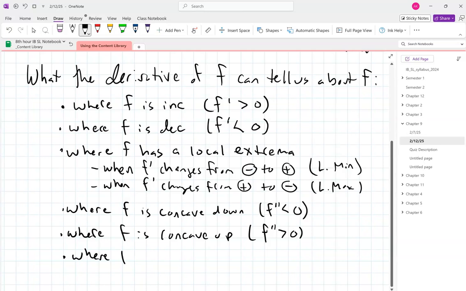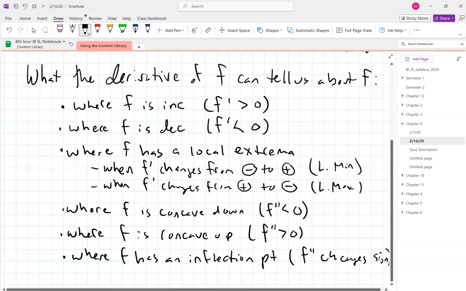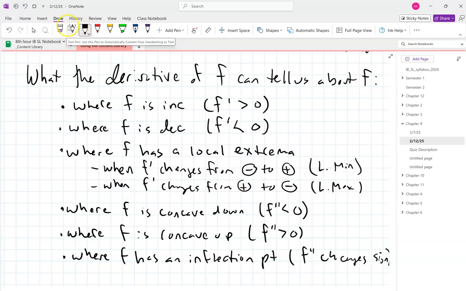Or where f has an inflection point, that's where f prime changes sign. So it would change from positive to negative or negative to positive. Either one is going to be an inflection point. So these are all examples of things that we can learn about f just by looking at the derivative and how we can go about doing that.